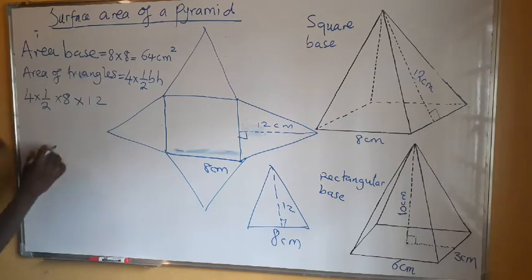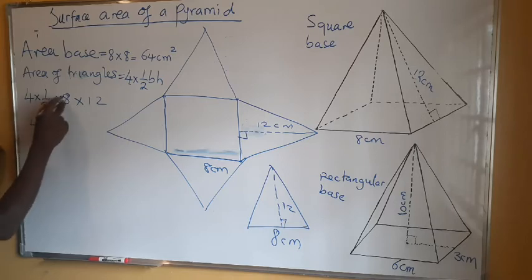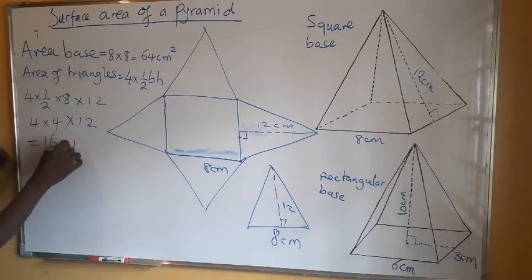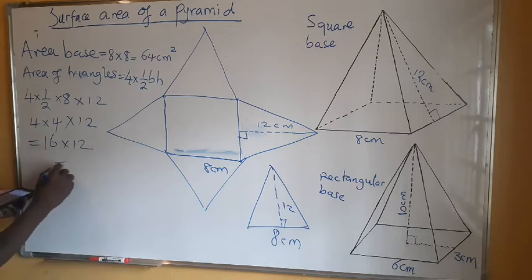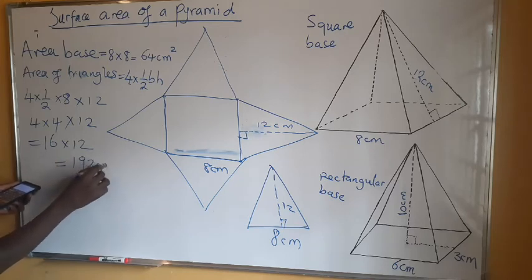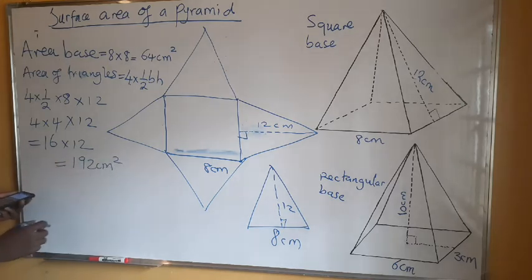So when you simplify this one, we have 4 multiplied by 4, 2 into 8, it's 4, then multiplied by 12. What are we getting? 16 multiplied by 12. Okay, so 16 multiplied by 12, what are we getting? We are getting 192 centimeters squared.